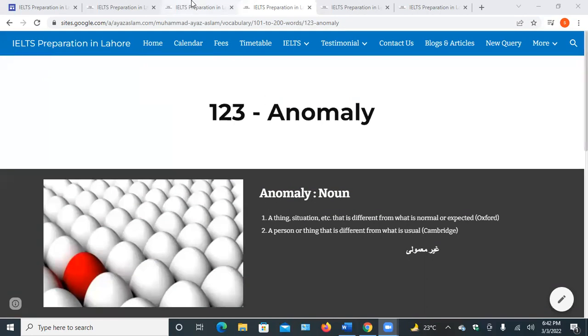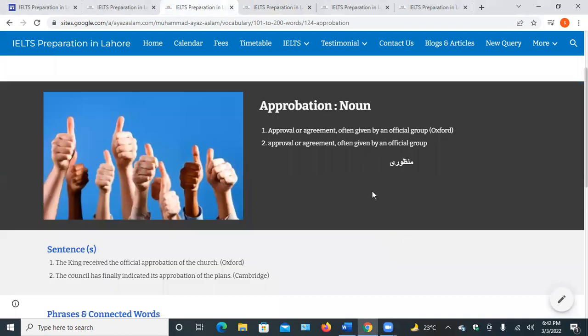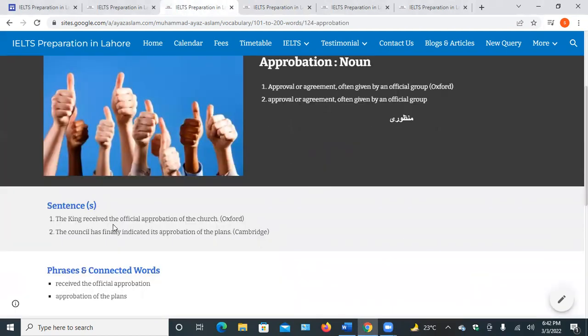The last word is approbation. It is also a noun. Approval or agreement often given by an official group. Endorsement received by high authorities. Sentences are: The king received the official approbation of the church.